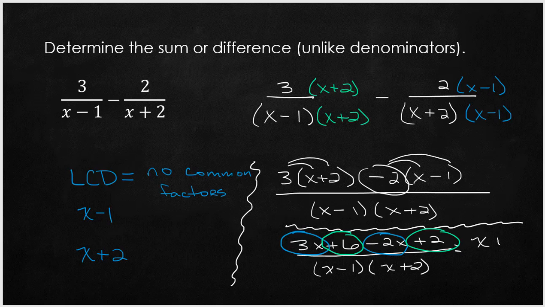So we get x plus 8 all over x minus 1 times x plus 2. And there's nothing that can simplify, nothing that can cancel out. So guess what? You guessed it. It's our final answer.